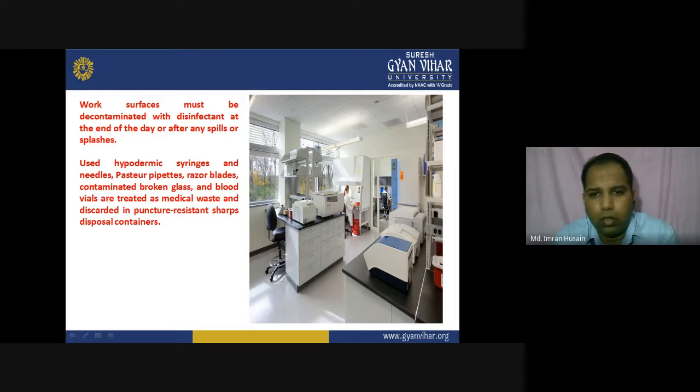So here in this image you can see how clean and how neat the work area is, right? Work surfaces must be decontaminated with disinfectant at the end of the day and after any spills or splashes. This is the very hardcore practice that you should always understand. Whenever you have finished your experimentation process, you should always clean and disinfect your work area every time.